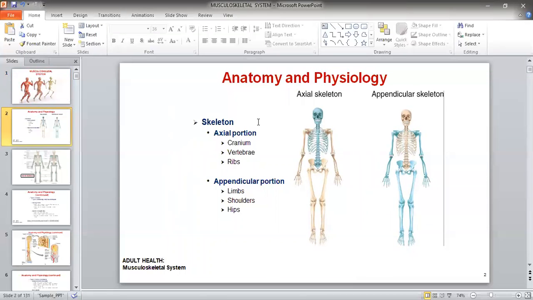So the anatomy and physiology first. Anatomy means the structure, and definitely we are going to talk about the anatomy of the musculoskeletal system.